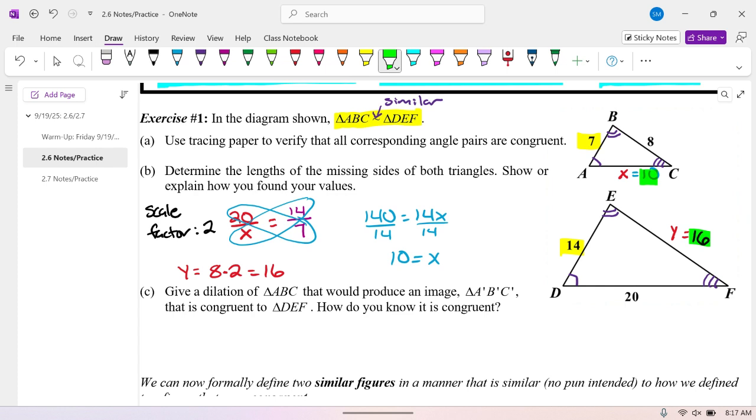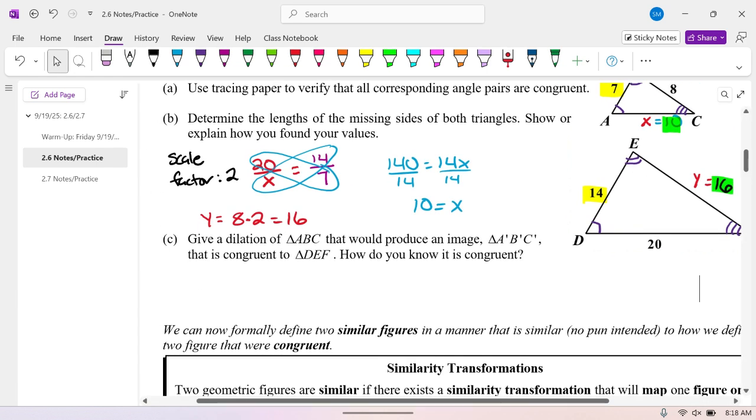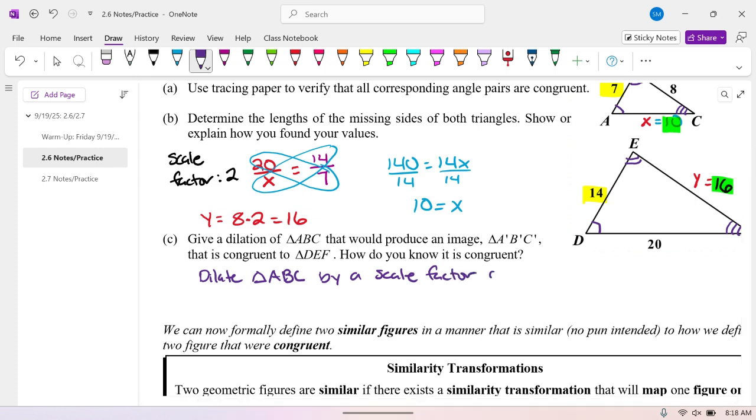Now, give a dilation of ABC that would produce an image A prime, B prime, and C prime that is congruent to DEF. So we kind of already said this. All we would say is that we would dilate triangle ABC by a scale factor of 2.